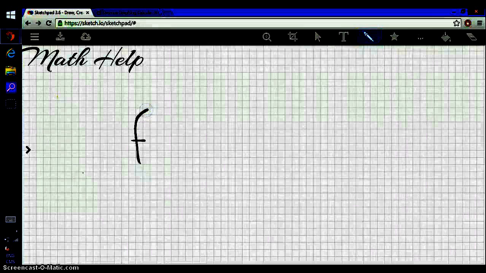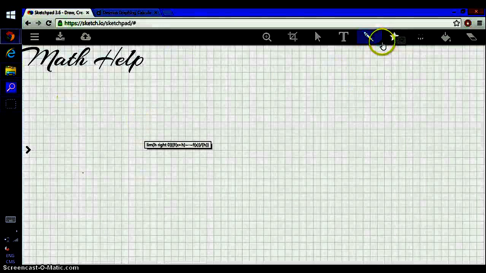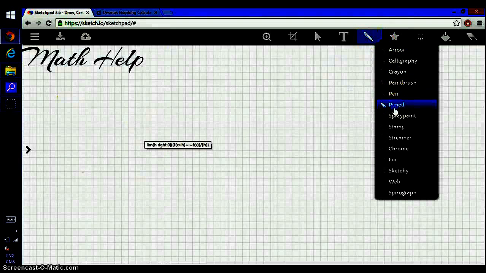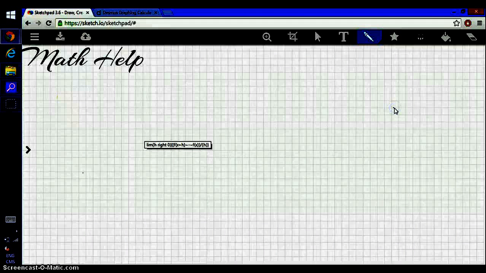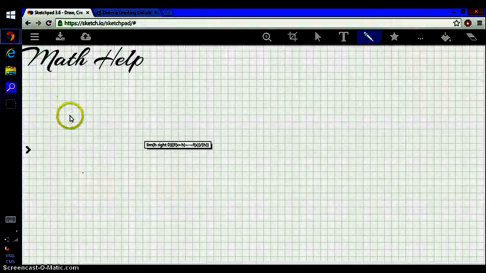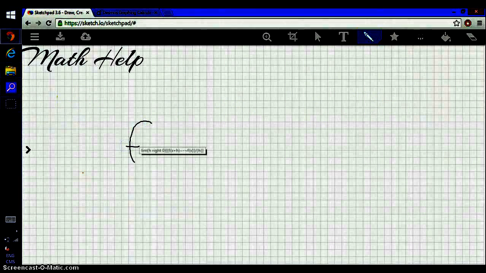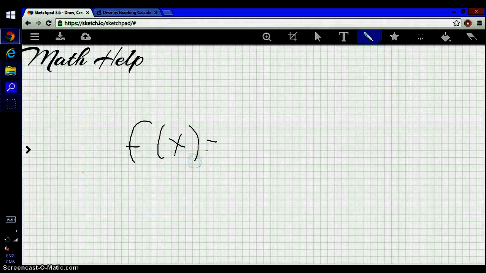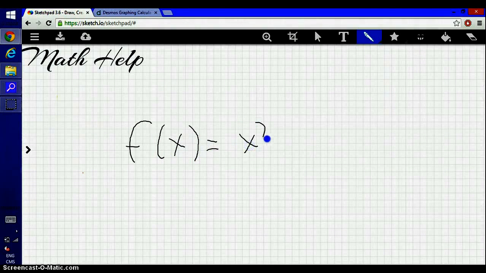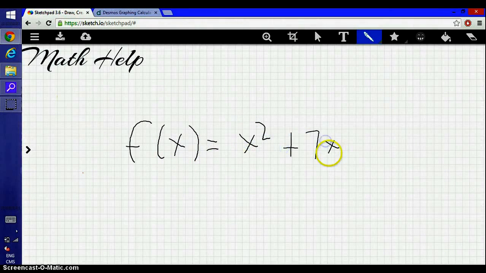The equation we had before was f of x is equal to x squared plus 7x.